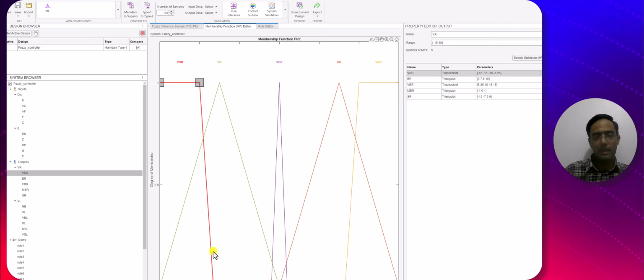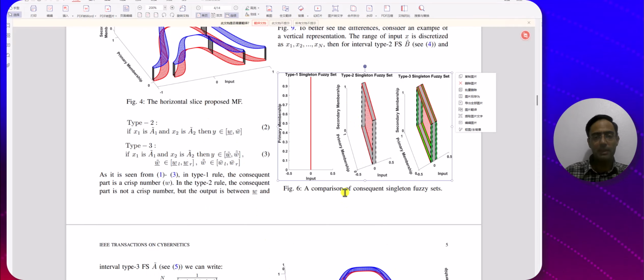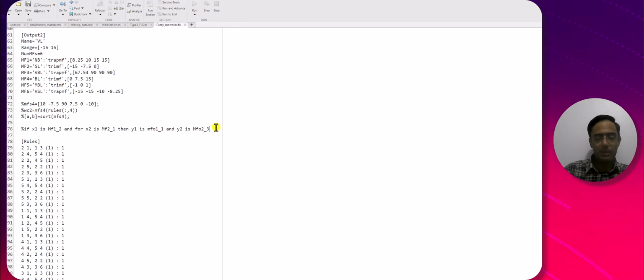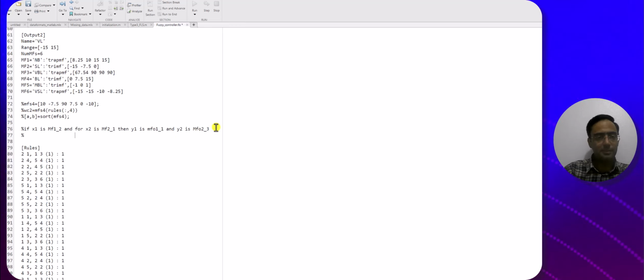So if we replace this membership function with a triangle whose center is located at minus 10 in this point, so the center of this membership function, if we consider it to be a singleton type 1 fuzzy set like this, minus 10, we can replace it like this.